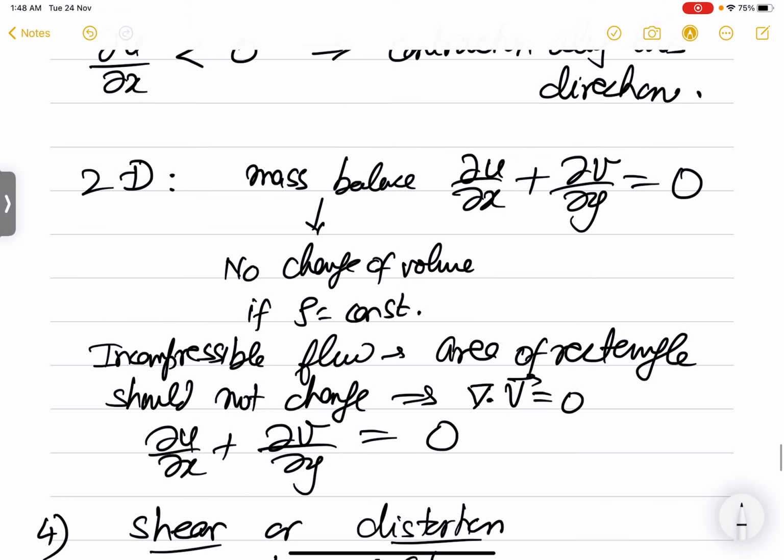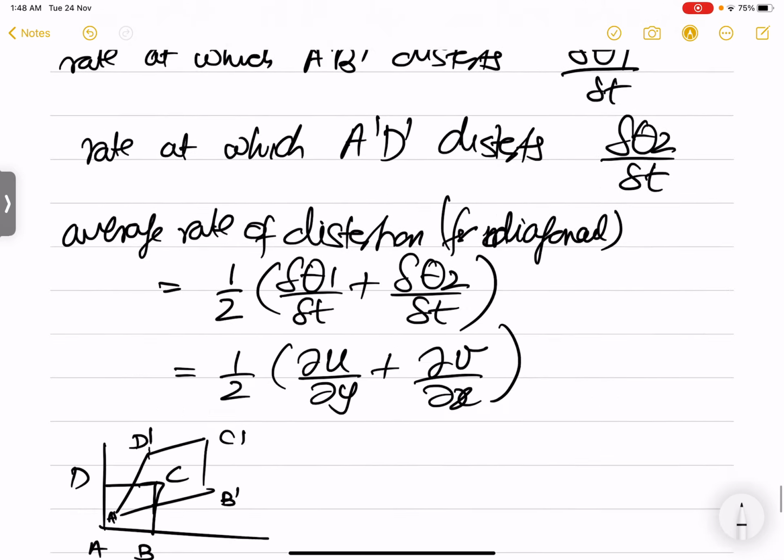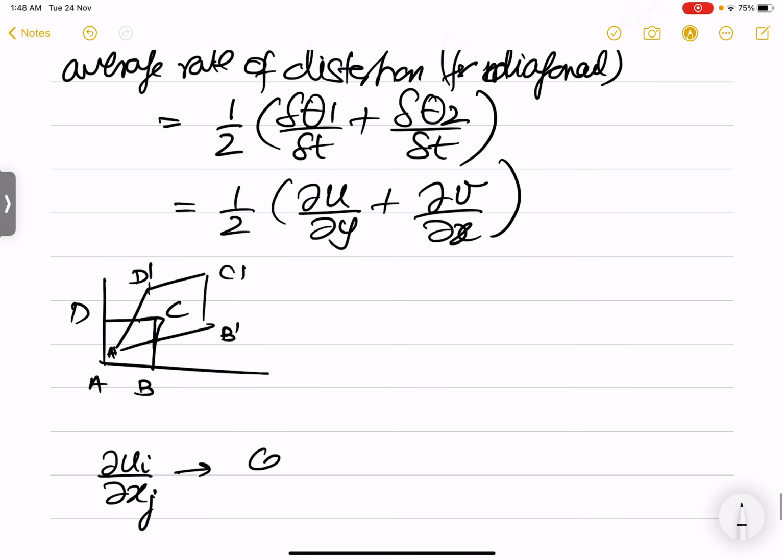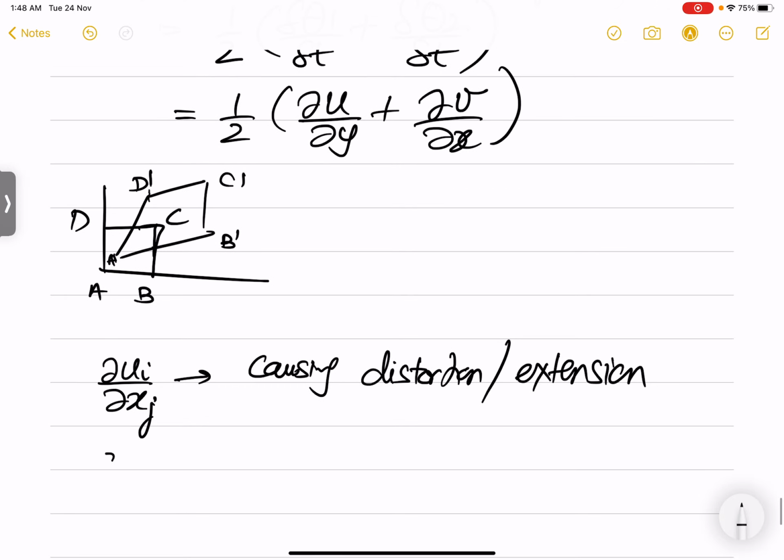Now, let us look at the velocity gradients, partial ui by partial xj. These are the terms which are causing the distortion and extension, and hence these should be related to the shear stresses.